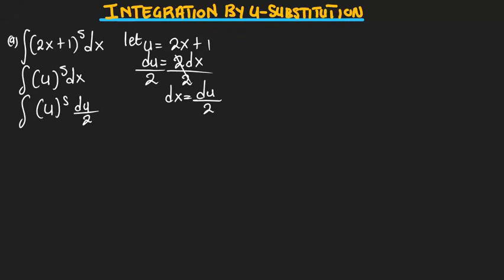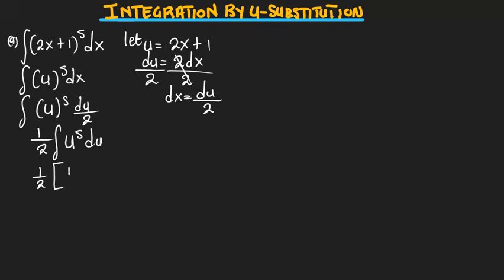From there, we are going to factor out the 1 over 2 outside the integral. Then we're going to remain with u to the power 5 du. We have taken everything into the u out. Now we can finish up everything. Notice that 1 over 2 is going to be outside. Then we find the integral of u to the power 5.